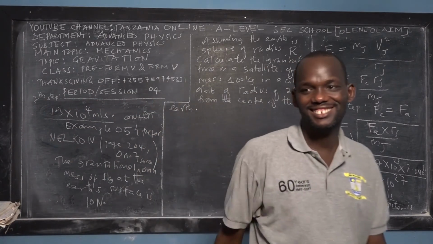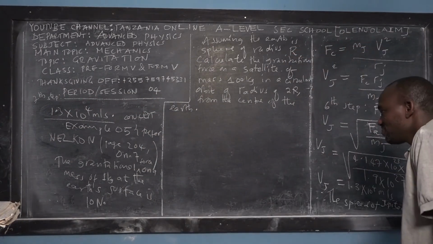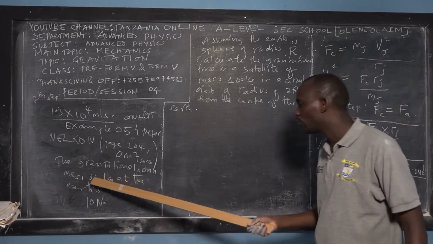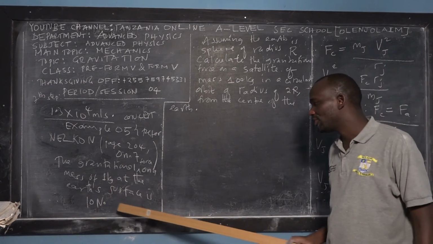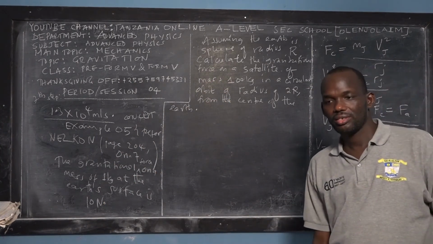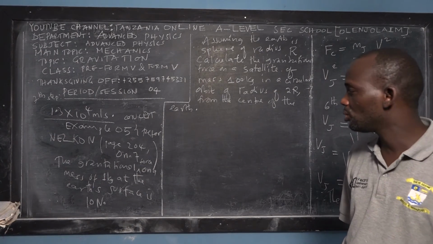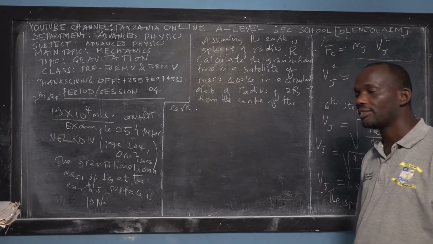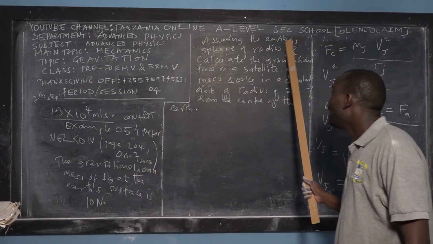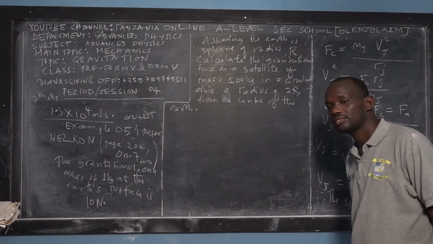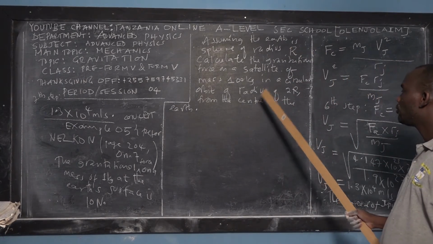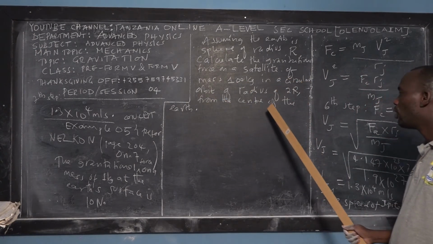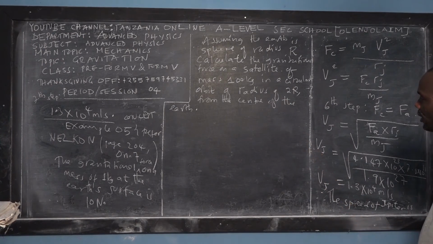Can you try it? The gravitational force on a mass of 1 kilogram at the Earth's surface is 10 Newton. That is the force of attraction between a body of 1 kilogram and the Earth's surface. Then assuming the Earth is a sphere of radius r, calculate the gravitational force on the satellite of mass 100 kilograms in circular orbit of radius 2r from the center of the Earth.